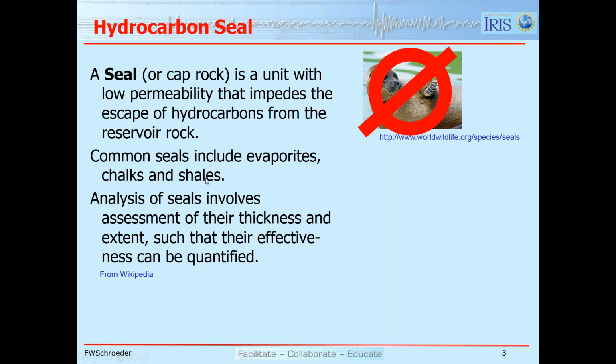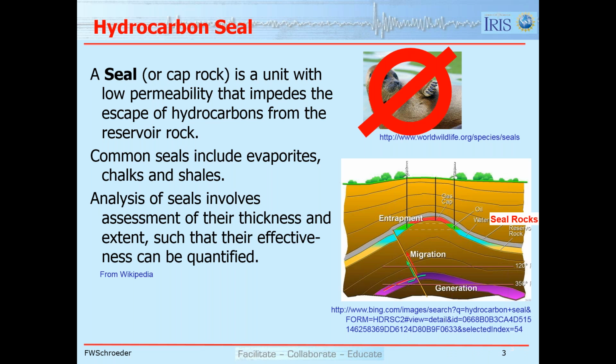Chalks can be good seals, and deep water shales can be good seals as well. The analysis of seals involves the assessment of how thick they are, what lateral extent they have, and we are trying to quantify how effective a particular seal will be. And we'll talk about that in the next few minutes.